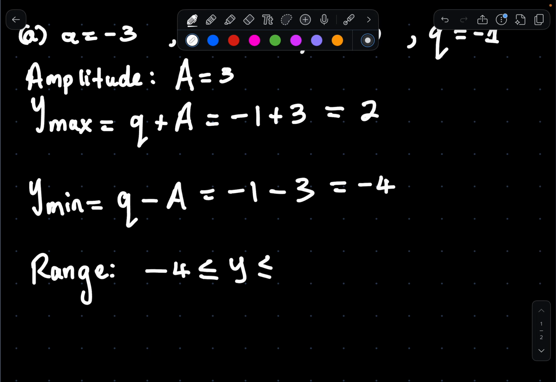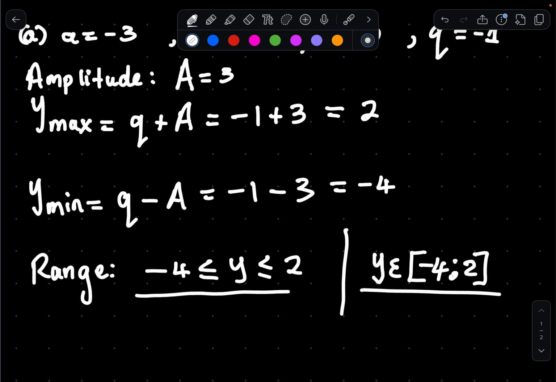Be careful, always start with the minimum, then the maximum, and make sure you show y in between, because that is the range. Some people would write it this way: y is an element of the square bracket from negative 4 to 2 and a square bracket. These are both correct. It's entirely up to your own preference how you want to do it.